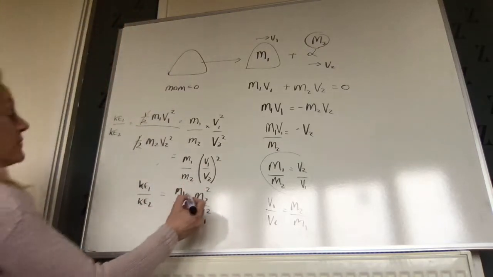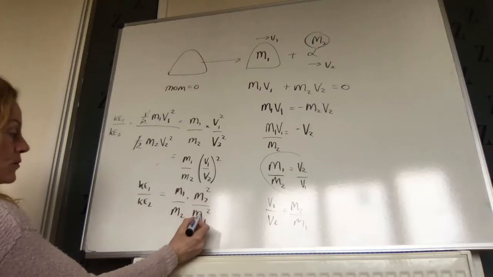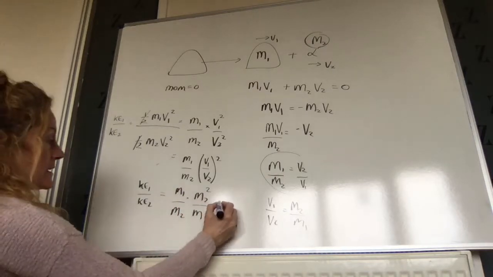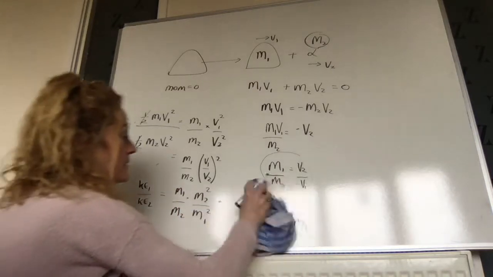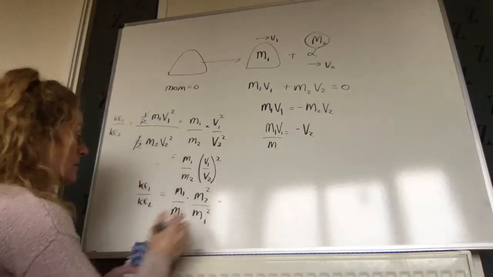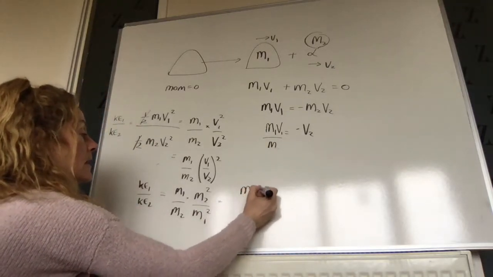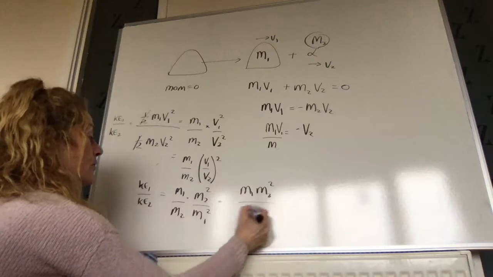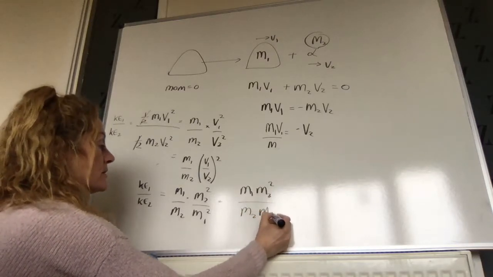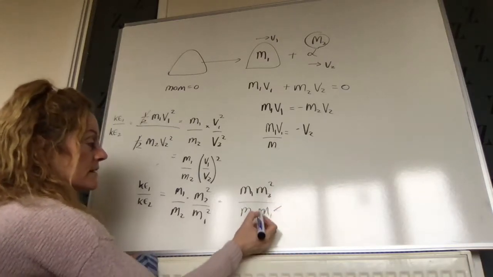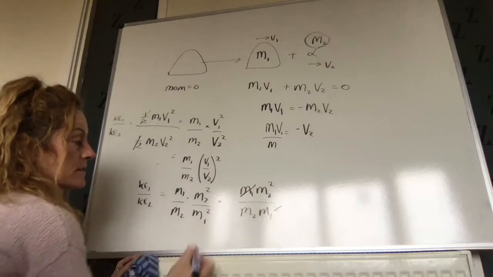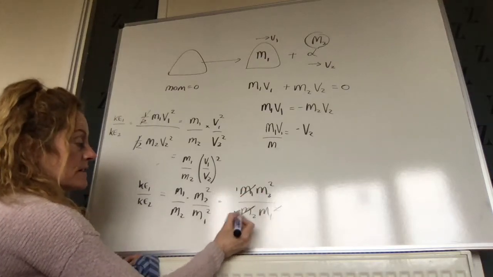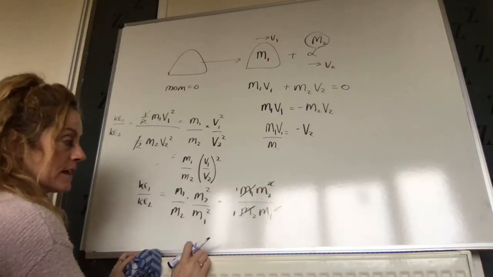Hopefully you can see from that, you'll get M1 M2 squared over M2 M1 squared, and M1 divides into M1 squared once on the bottom and the top once, and M2 divides into M2 squared M2 times.